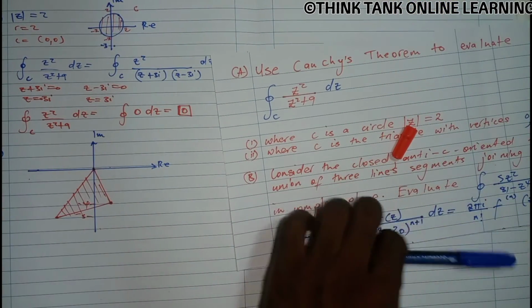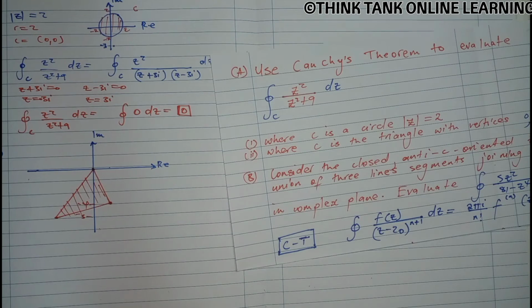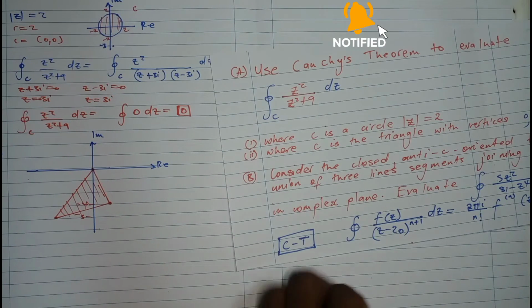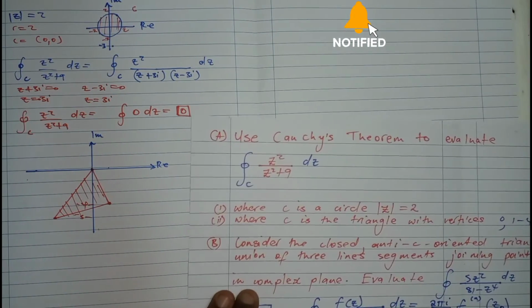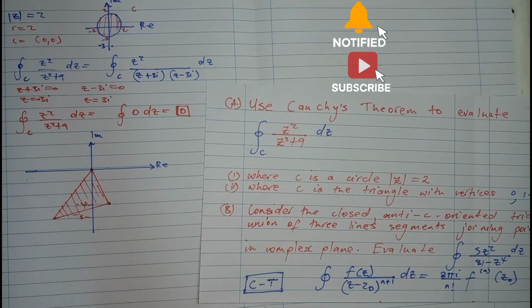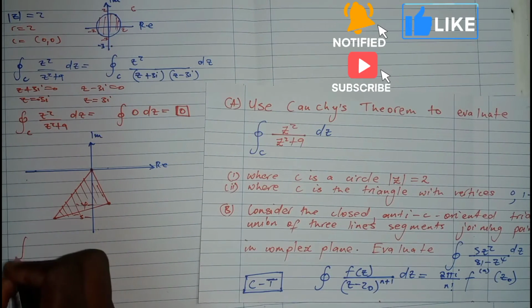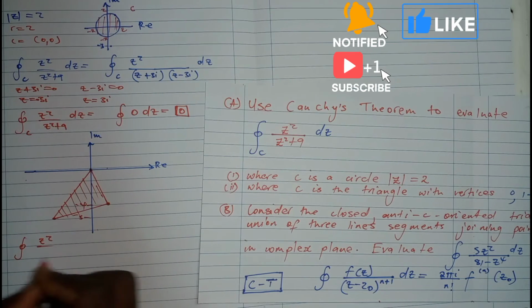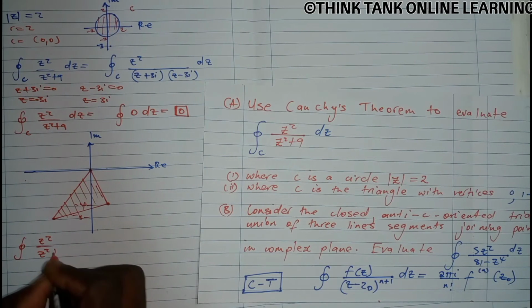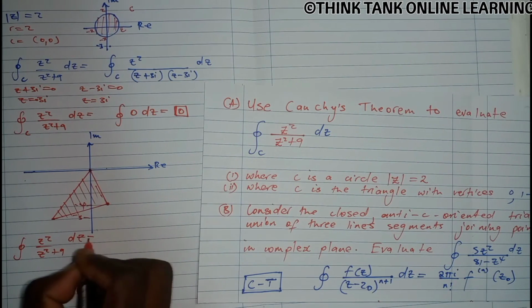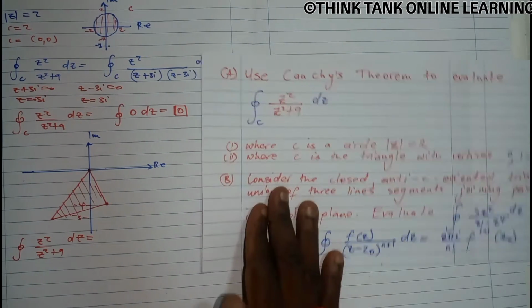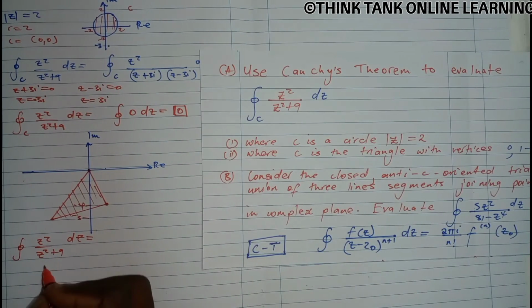Okay, so now that we have our region, let's look at our integral. Our integral is z squared over z squared plus 9. So we want to evaluate z squared over z squared plus 9 dz. And we said we factorize first if the power of z is not 1 right here.